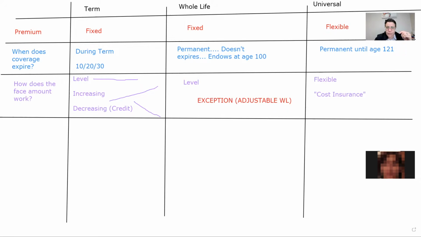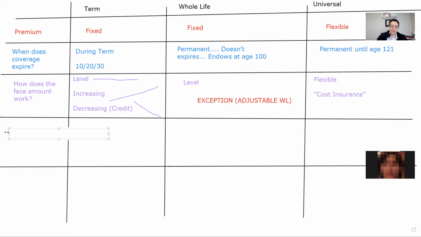The next characteristic that these policies have, basically all of them, is how long do I pay these policies for? Okay. So I'm going to write the question down and we're going to go over it. How long do I pay a policy for?